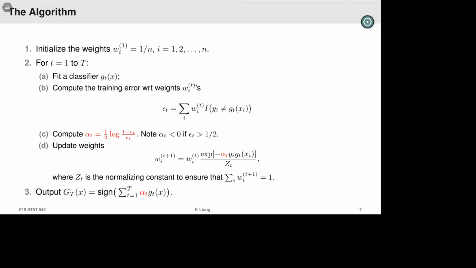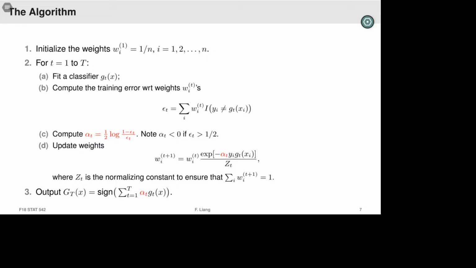At time t, we're going to either fit a classifier or just randomly pick a classifier, which could be a classification tree with only 1 or 2 splits. And so that's our G sub t. So it's a classifier. And remember, G sub t only outputs 1 or minus 1. And if the classifier outputs something else, we can always do some thresholding to make the output only 1 or minus 1, the label.